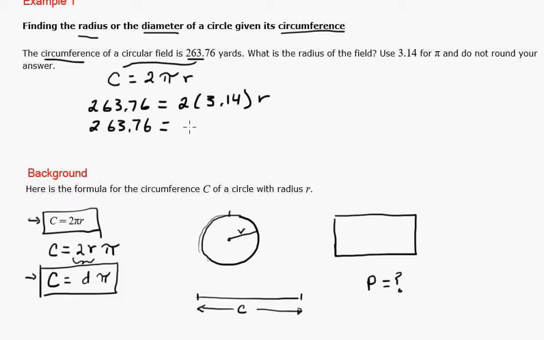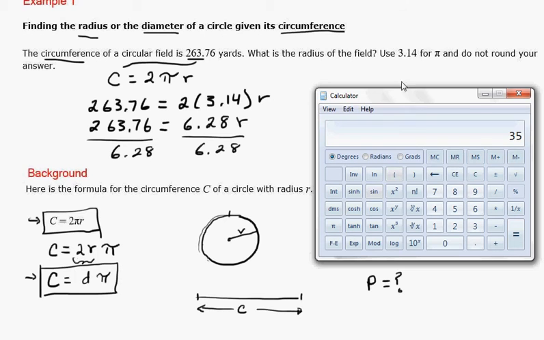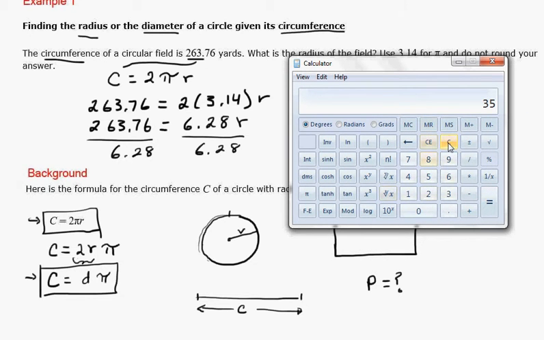2 times 3.14, you could do it on the calculator, but it's 6.28 r. So now to find r, the radius, we just divide by 6.28. Let me pull up a calculator. 263.76 divided by 6.28 equals 42.